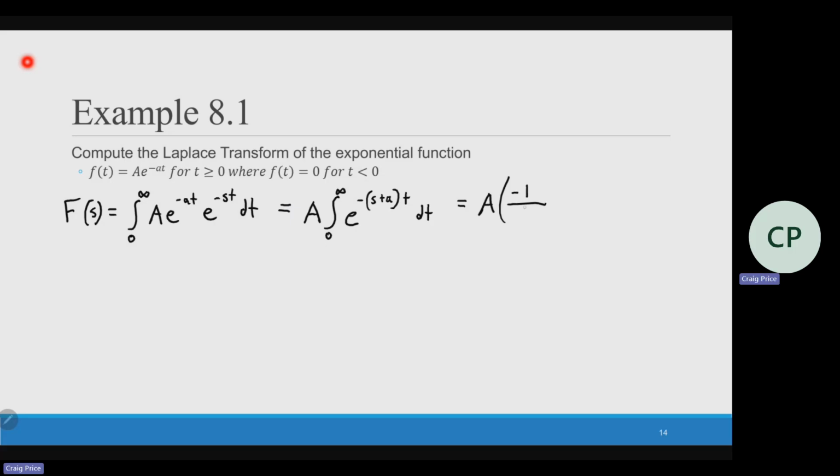It would be negative 1 over s plus a times e to the negative (s plus a) times time. We're evaluating it from 0 to infinity. Is that what you were thinking? Yeah, because when I take the derivative of it, these s plus a's cancel out, and I'm left with that constant.